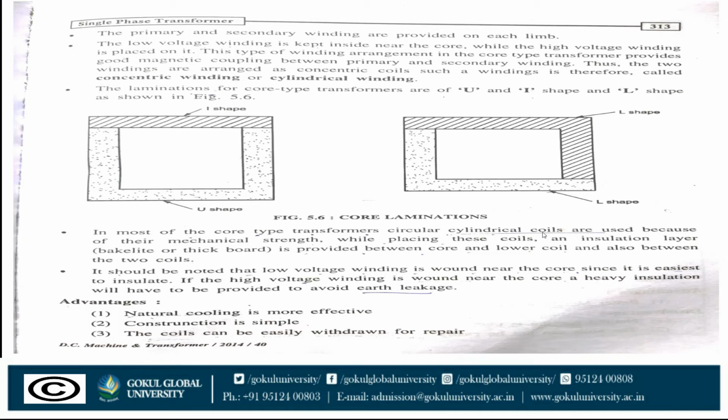You can understand why the low voltage winding is kept nearer to the core: if we place the high voltage winding near the core, then we have to provide a high insulation layer between the core and winding. That's why we put low voltage winding near the core.